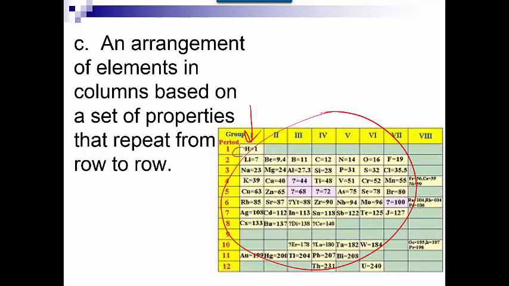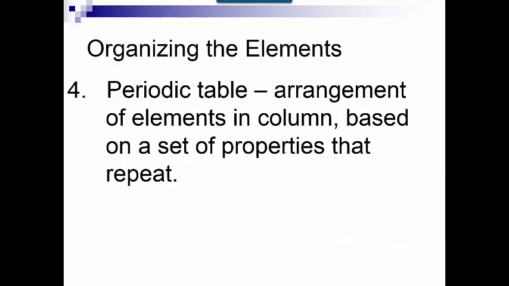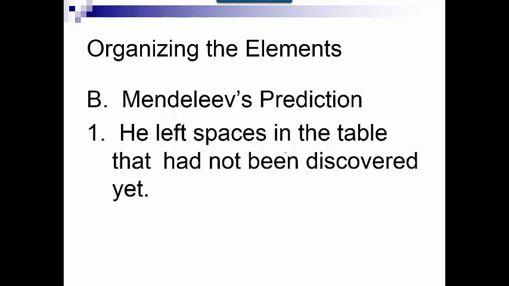So from row 1 to row 2, the properties were similar, from row 2 to row 3, and so on. Now, our current periodic table is an arrangement of elements, and we do have them in columns based on a set of properties still. So each column has some similar characteristics. So they're not identical by any means, but they do have some properties that are the same.